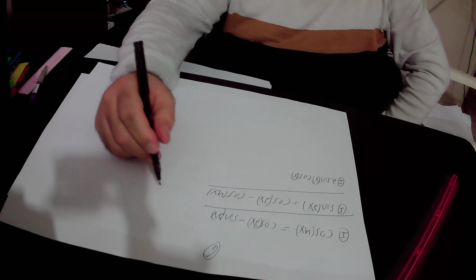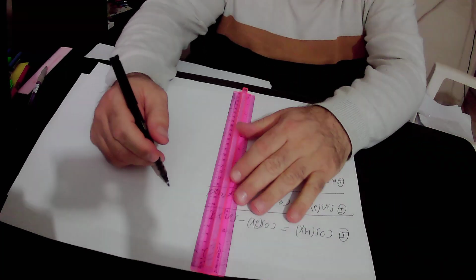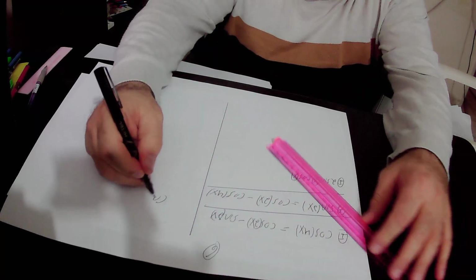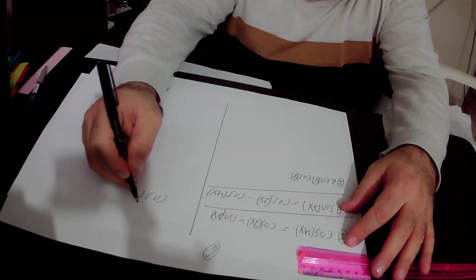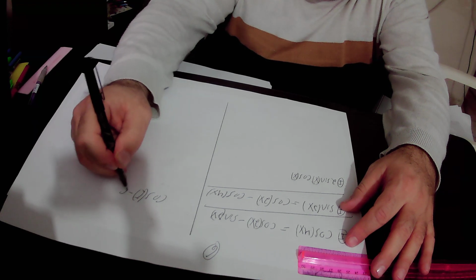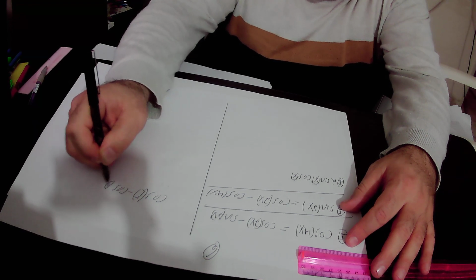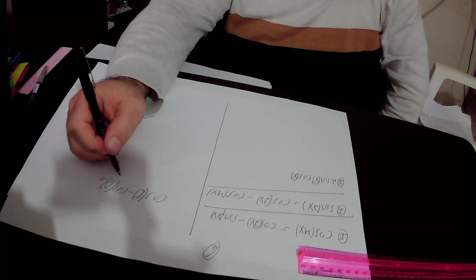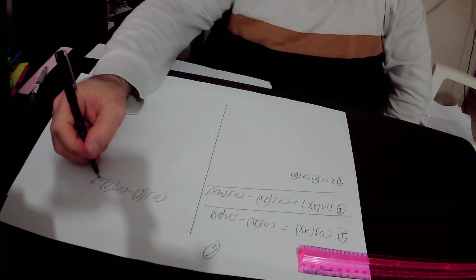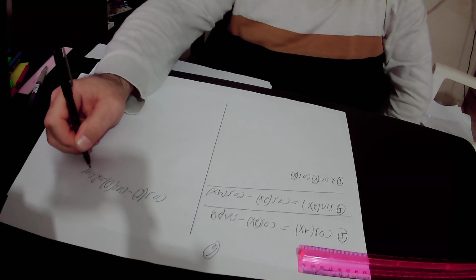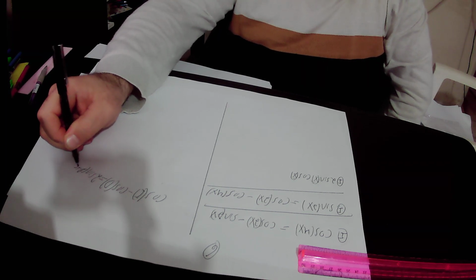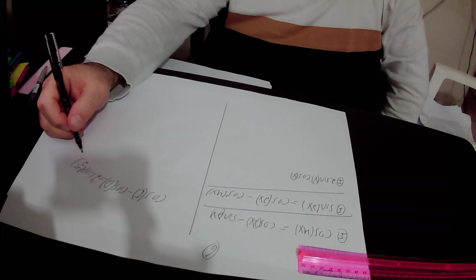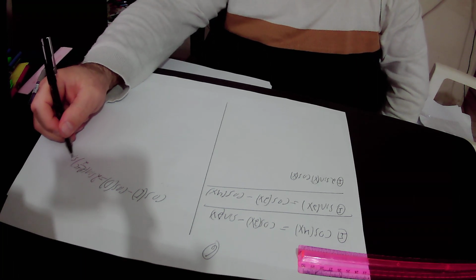that cosine C minus cosine D equals 2 sine of (D plus C) over 2 times sine of (D minus C) over 2.